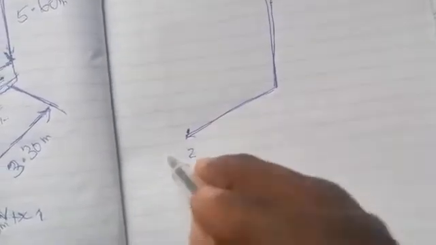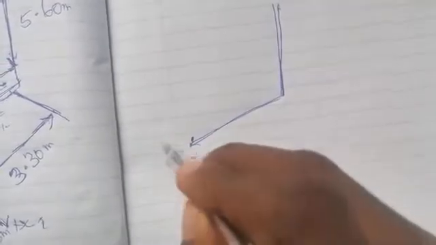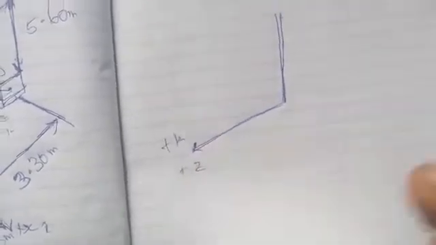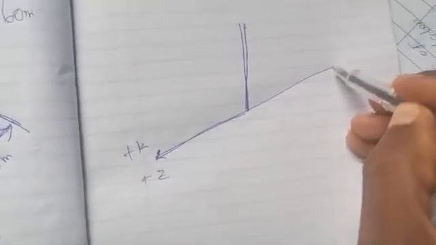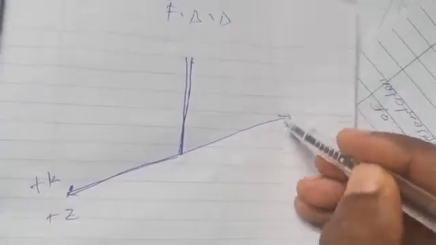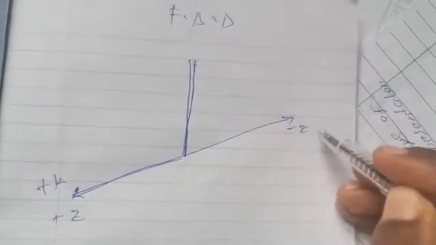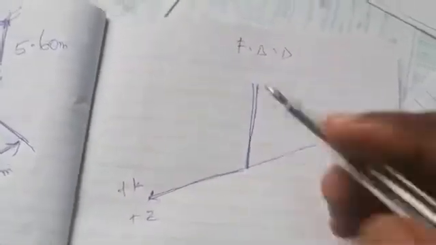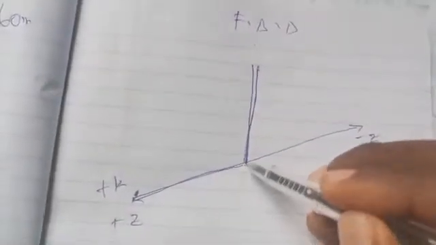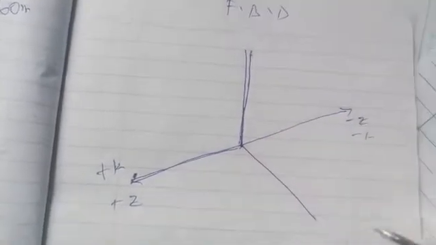So this is Z, which is plus K, and backwards is going to be minus Z, minus K. From the diagram, X points towards this direction, so we'll have our X towards here.